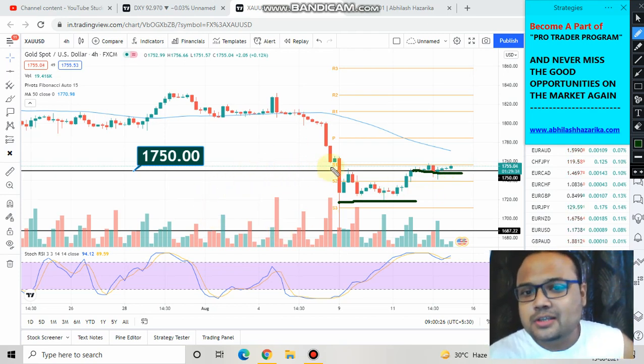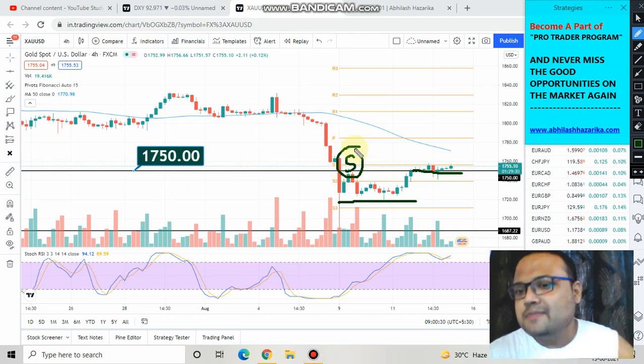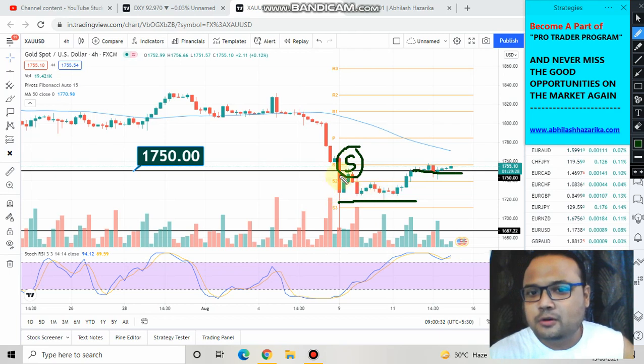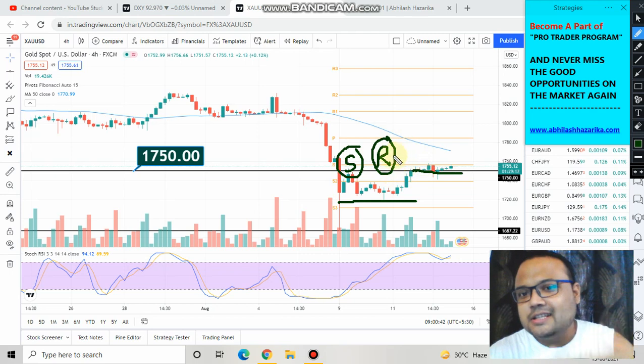Previously this was the support, then there was a sudden selling pressure on the market, market broke the support. Then the same support became the resistance, and now the same resistance has again become the support of the market.